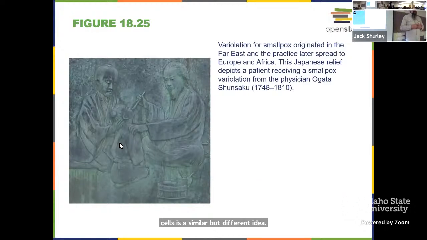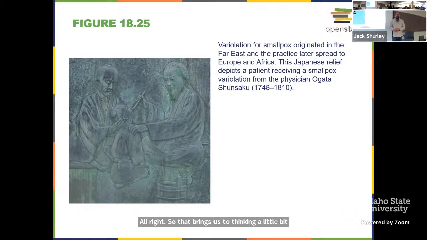So that brings us to thinking a little bit about vaccination in the first place. Variolation for smallpox originated in the Far East, in China, and was spread. I think this is a Japanese image, but it is, yeah. It spread to Europe and Africa.